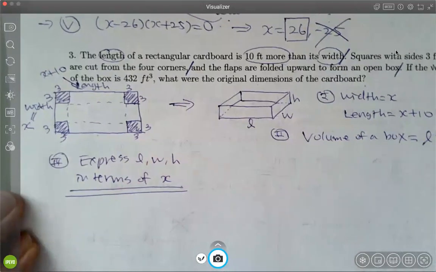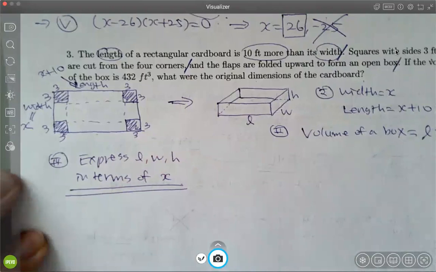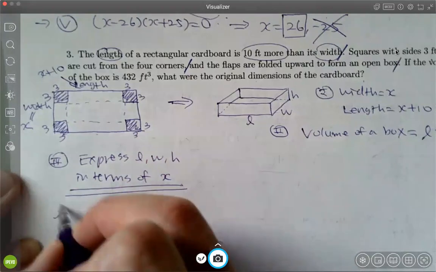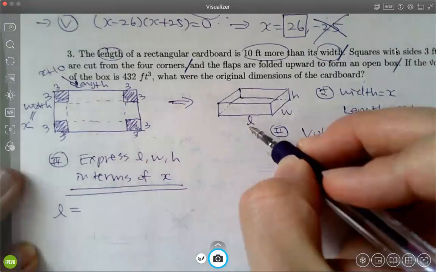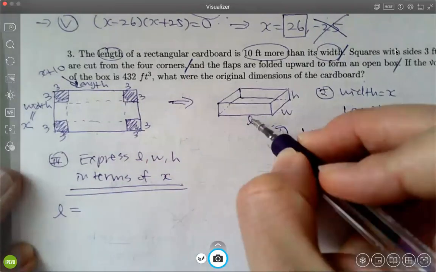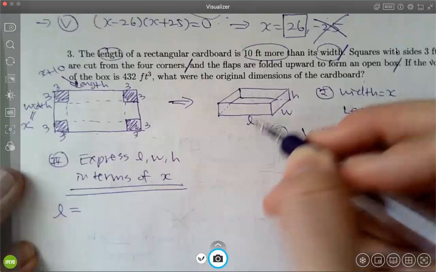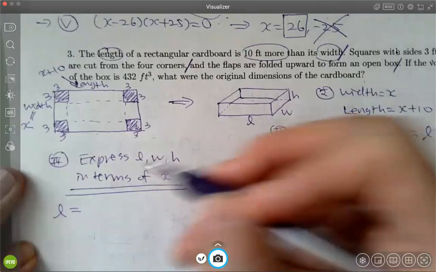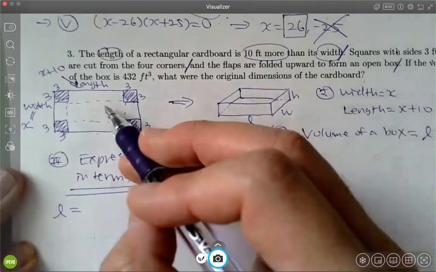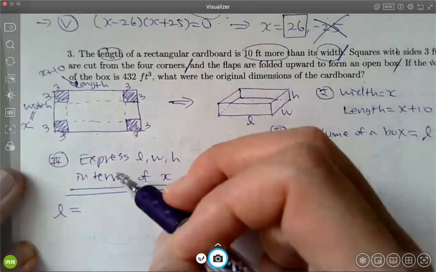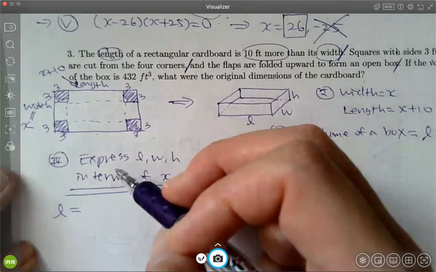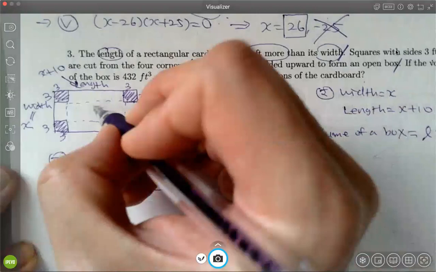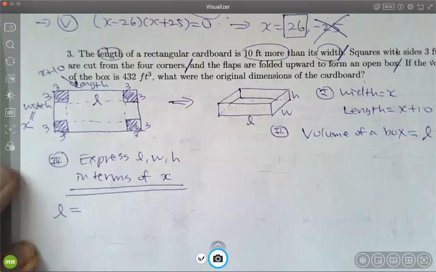Okay, so let's start off with the length part. What is the expression of L in terms of X? So going back to this picture, where is L? This one is L. Do you see that?